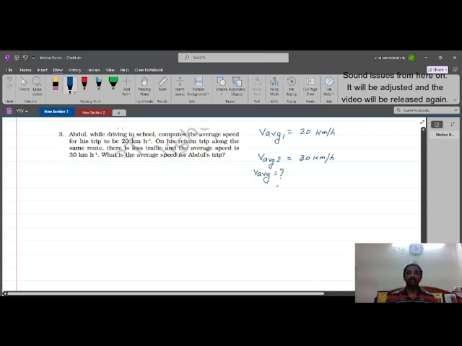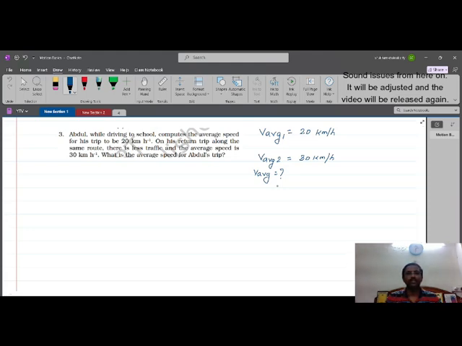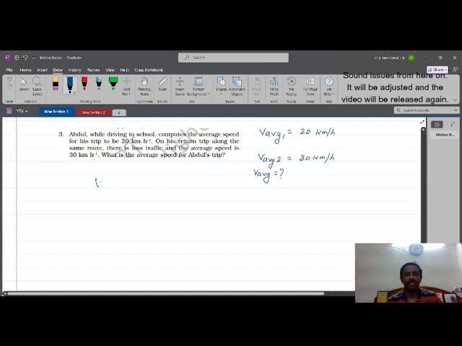We have to find out the actual average velocity. Now, this is an interesting question. Why? Because only average velocity is available, and you have to find out another average velocity. Some of you might be tempted to say that it would be very simple.